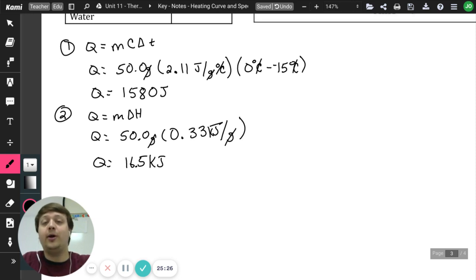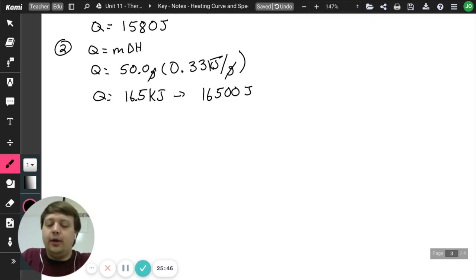Now, my step 1 and step 2 are in 2 different units of energy. I'm going to go ahead and convert this into joules, which, remember, kilojoules to joules, there's 1,000 joules per 1 kilojoule. So that's going to move that decimal over 3 times. So we get 16,500 joules. Done with that step, done with that phase change.